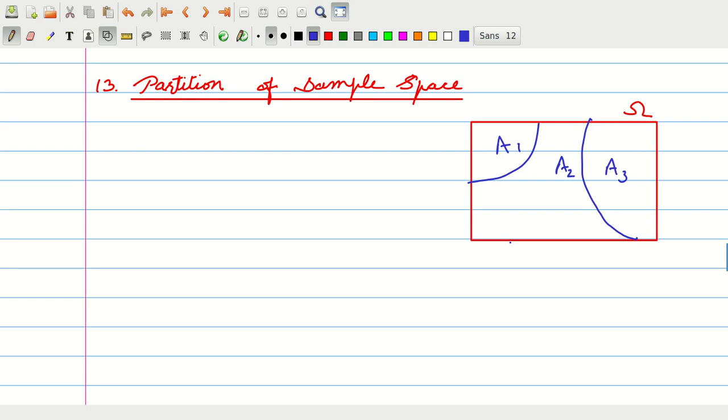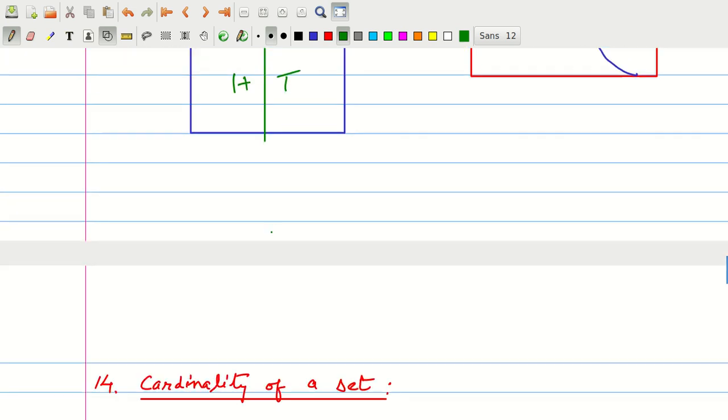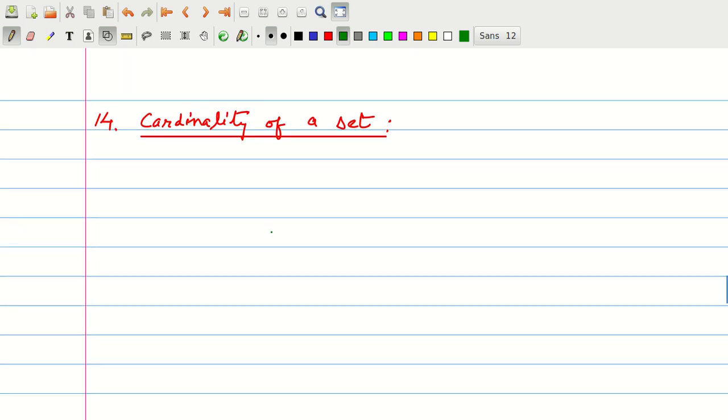In this case A1, A2 and A3 are said to partition the sample space. For the coin tossing example, we define two events, heads and tails. So head and tail are said to partition the sample space because they are mutually exclusive as well as collectively exhaustive. The last term in the list is cardinality of a set.